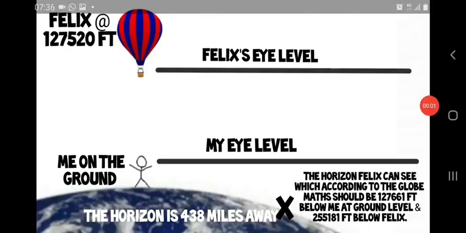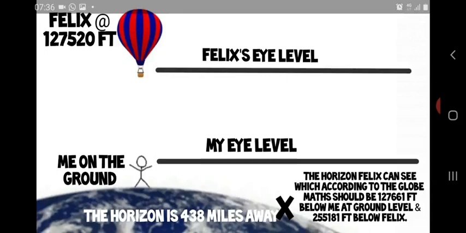Bear with me. And now we come to this side profile showing how ridiculous this is on a globe. The 2 points of reference at the moment are Felix, 127,520 feet up in the air, and me, below Felix on the ground, 127,520 feet below Felix. Of course, the horizon that Felix is seeing was 438 miles away, according to the globe maths.